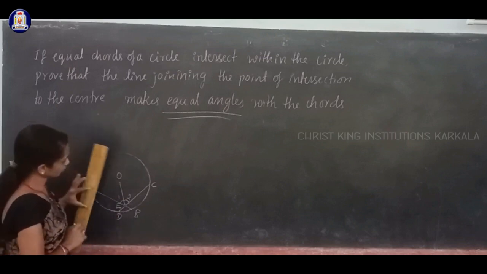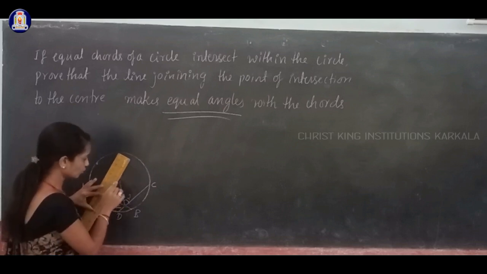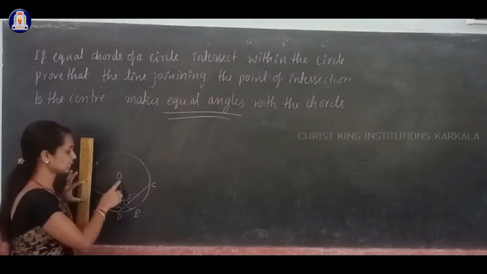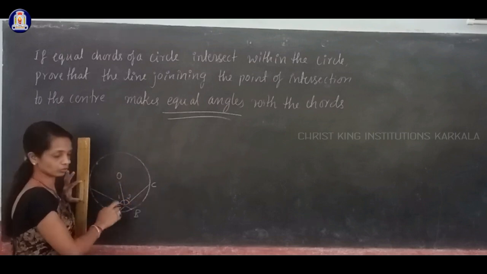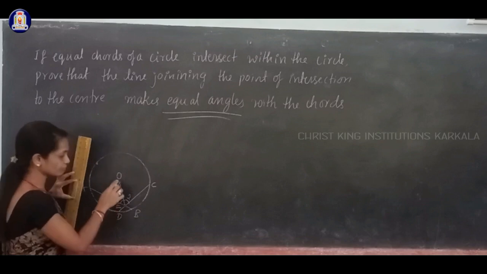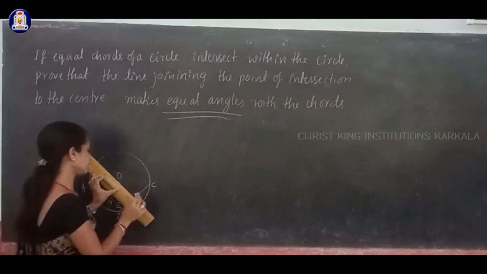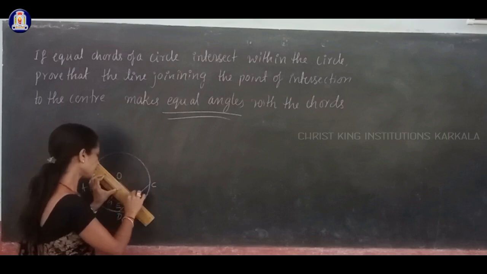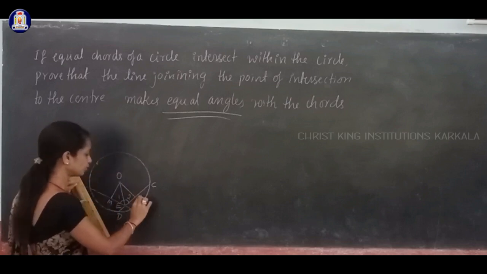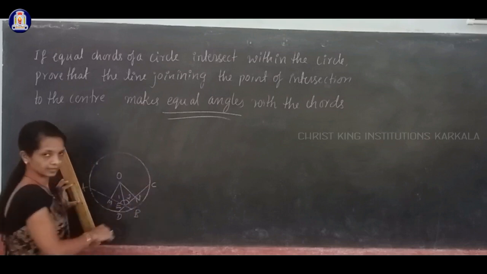For that you have to draw one more thing extra, that is, you have to draw perpendiculars from the center O to these two chords. I'll take OM, the perpendicular drawn from the center to the chord AB, and ON, the perpendicular drawn from the center O to the chord CD.